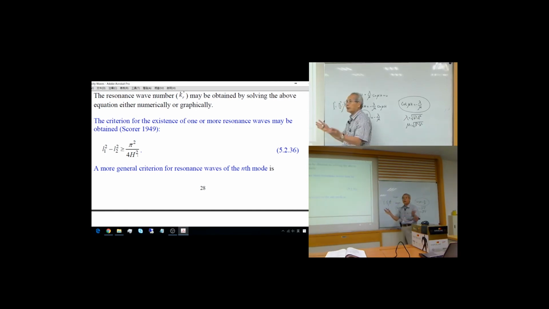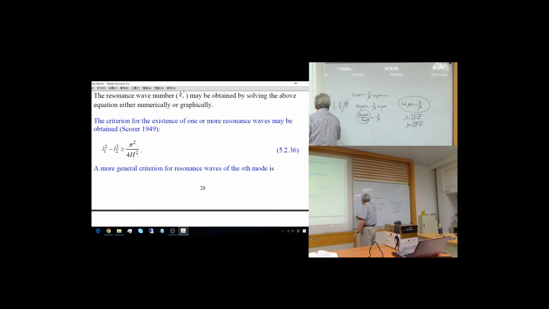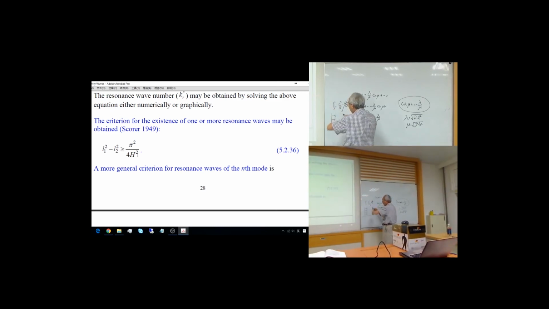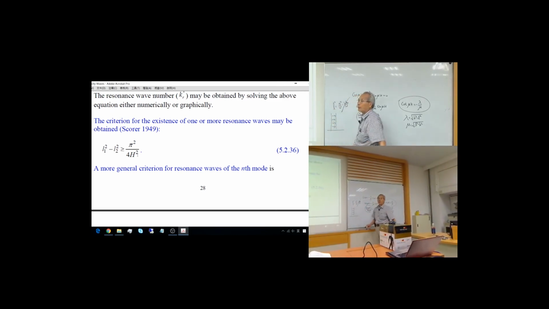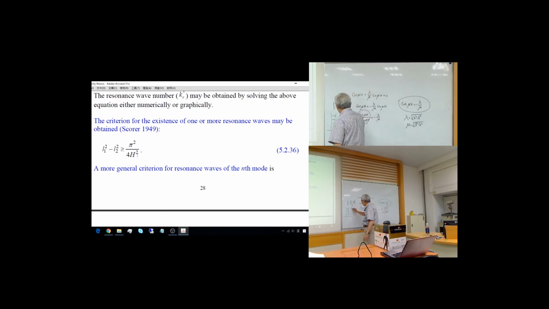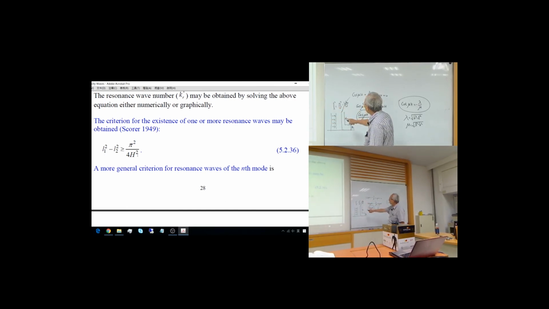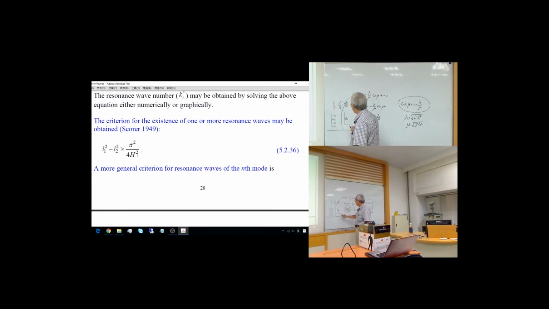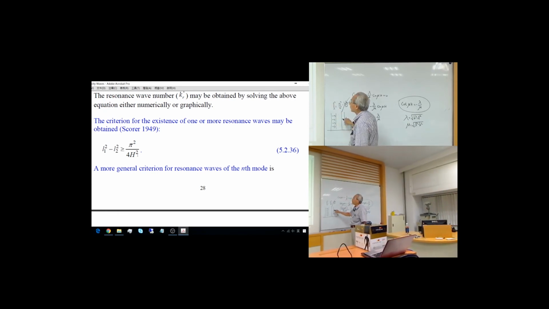Assuming there's no shear, so we have constant wind with height, and then assuming we have n1 and n2 like this, that means L1 must be greater than L2.